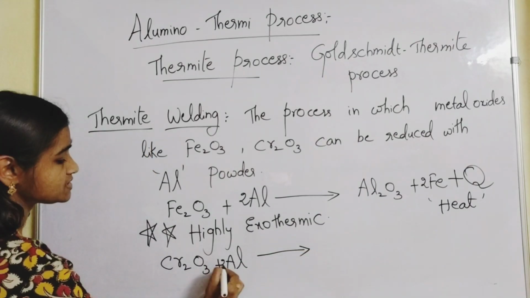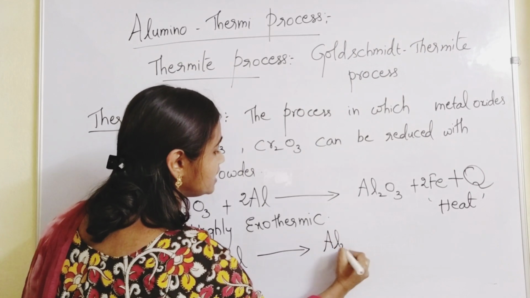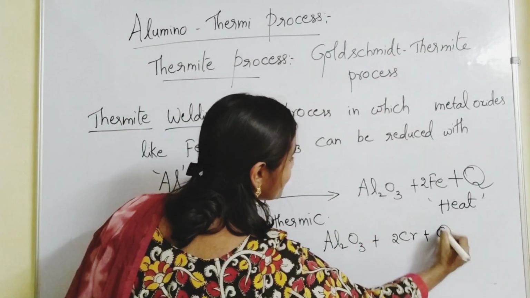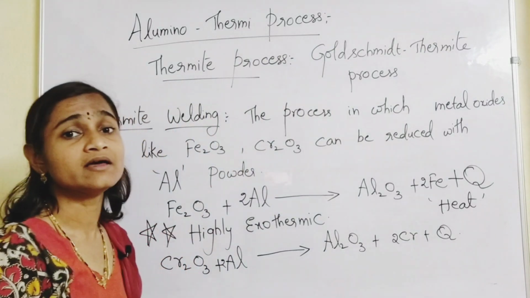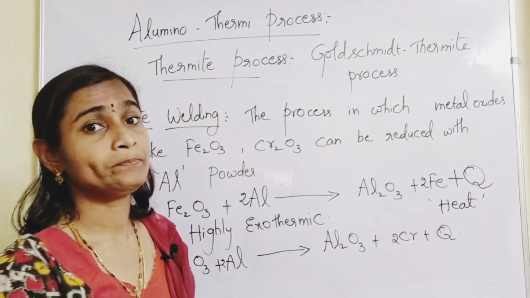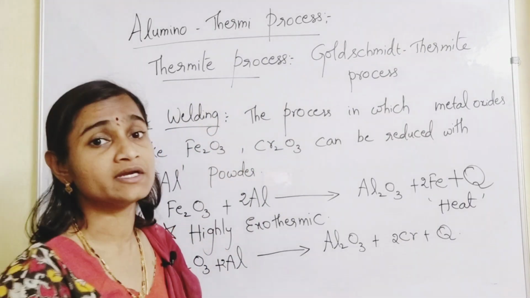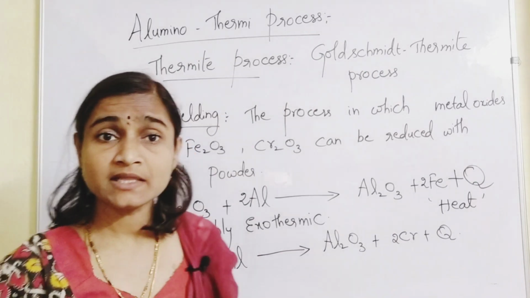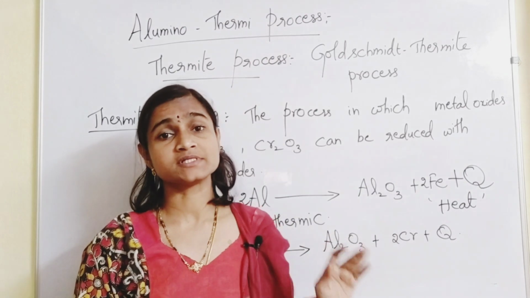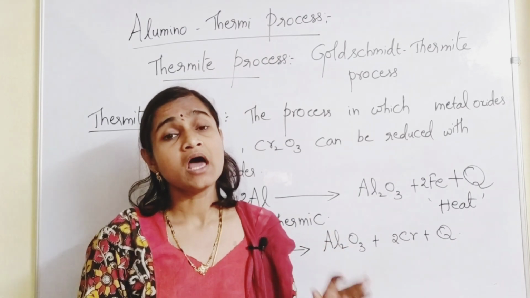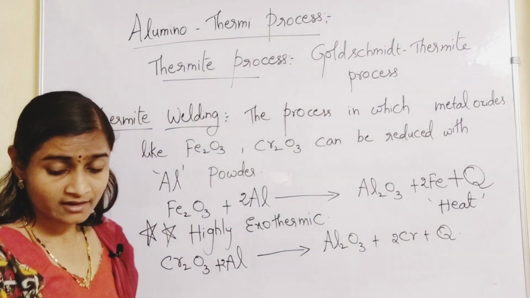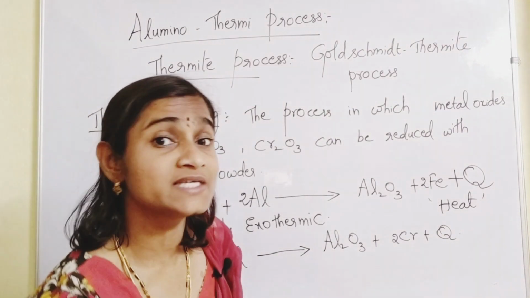Cr2O3 plus 2Al gives Al2O3 plus 2Cr, chromium, and along with that much heat is generated. So this process is called what? The Goldschmidt aluminothermy process. Here you require one ignition mixture.